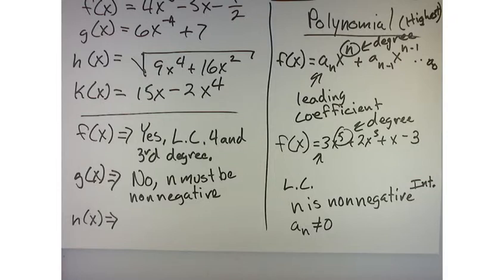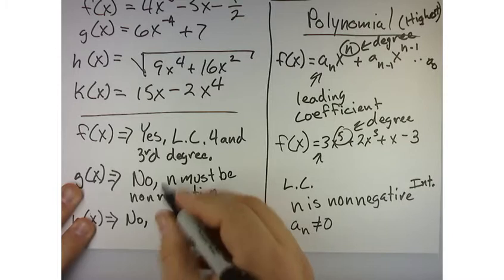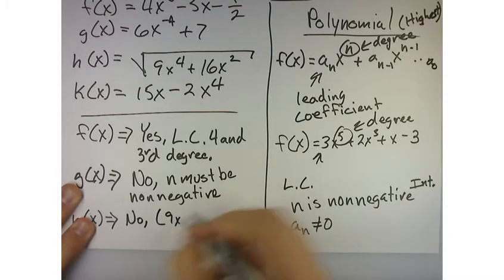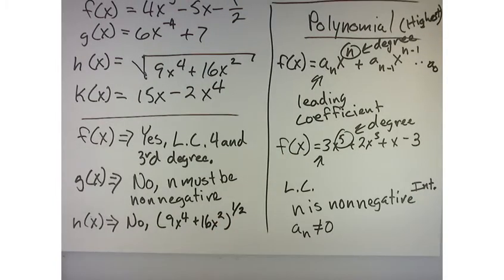So technically that is no. Because it's the same as 9x to the 4th plus 16x squared raised to the 1/2, if we wanted to get technical about it. And it can't be simplified. You might be tempted to think that you could push that through and take the square root. You can't. That plus sign, you can't simplify it. That's the way that it is.